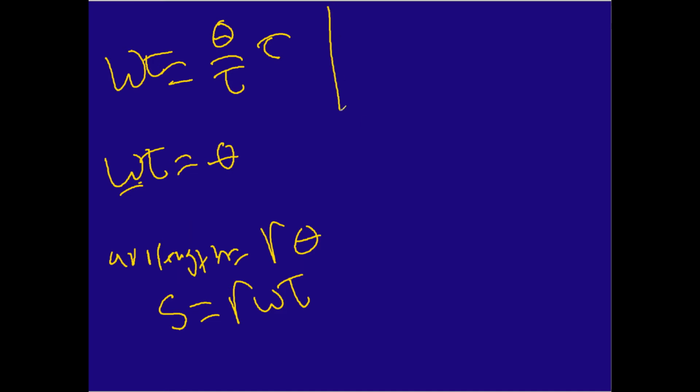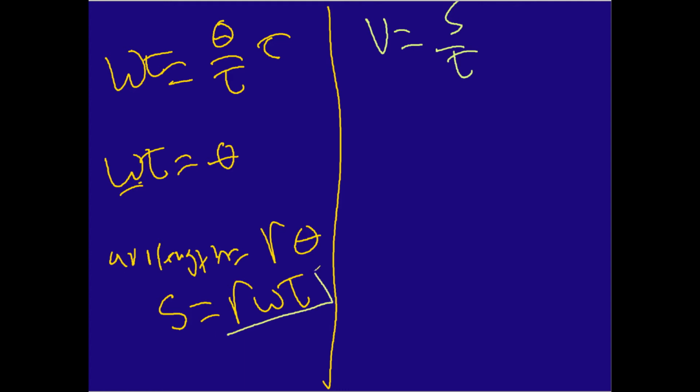But wait, there's more. Let me go ahead and draw a little line here. Now, we know the linear speed is V equals S over t, and we know that S equals RWT, so V equals RWT over t, and you know what that means.